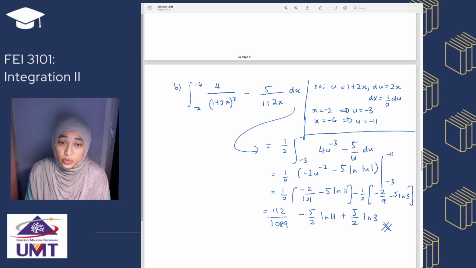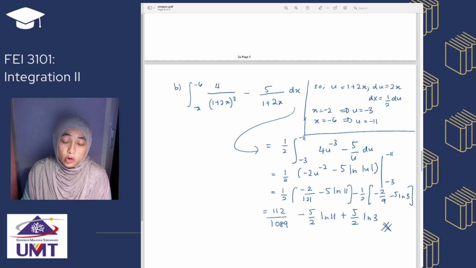And then we substitute x with u. When x is equals to -2, you'll get u is equals to -3, and when x is equals to -6, you'll get u is equals to -11. Then you substitute it back, take out half because it is a constant, and you get the integration from -3 to -11 of u to the power of -3 minus 5 over u du.